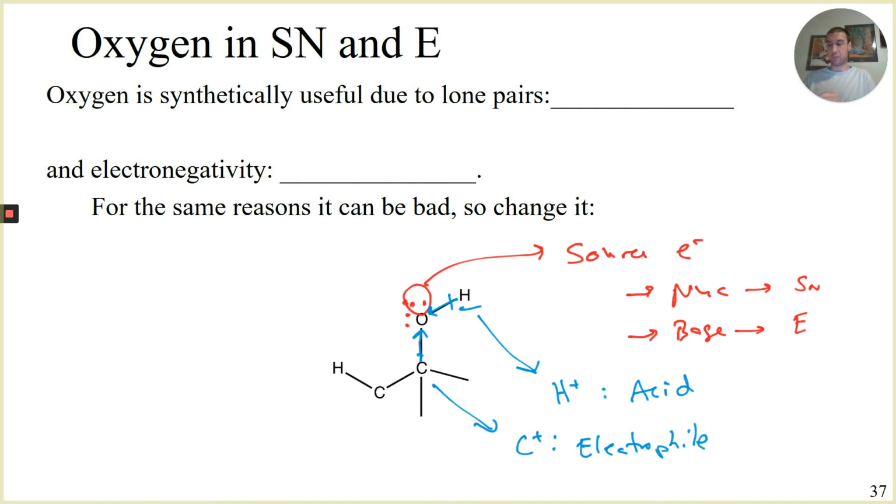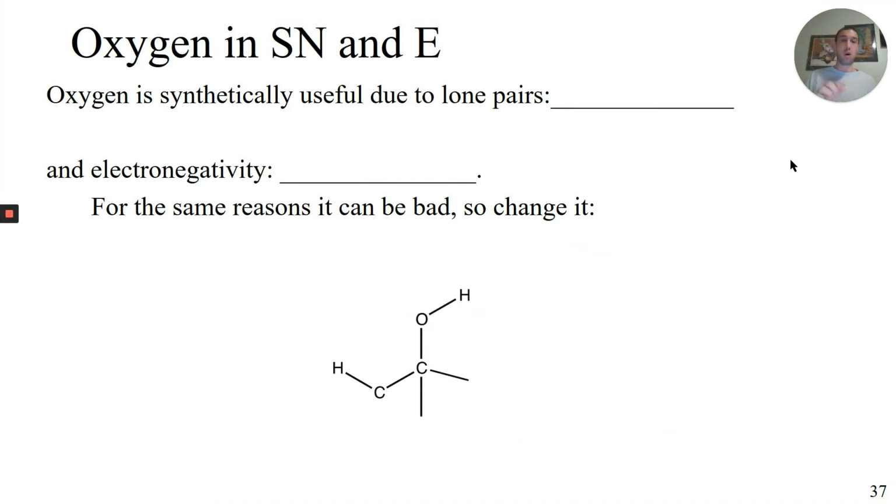If we're looking at this as an actual functional group, this, as an alcohol, has all of the core elements for reactivity: nucleophile, base, acid, and electrophile. That's really cool. But for those exact same reasons that it has access to all of that chemistry, it's also really bad.